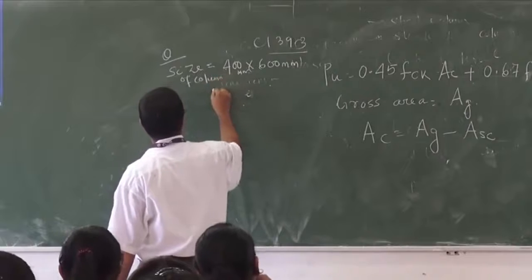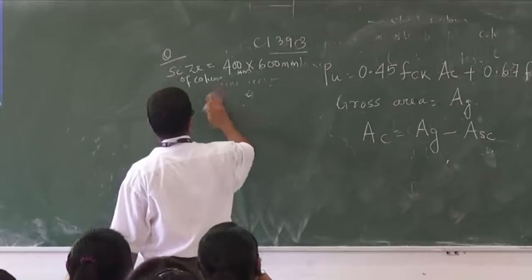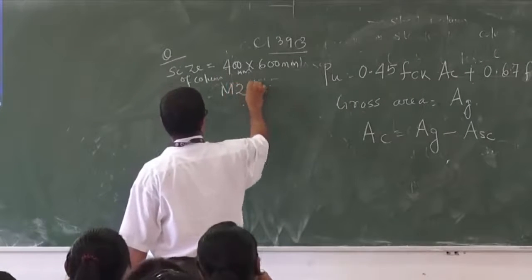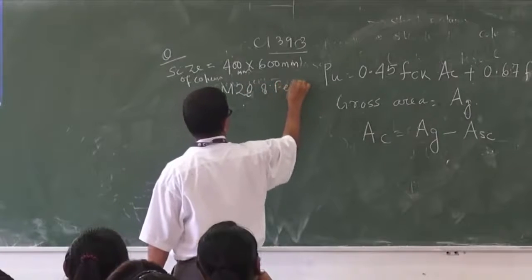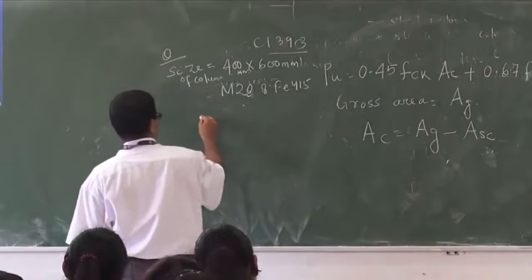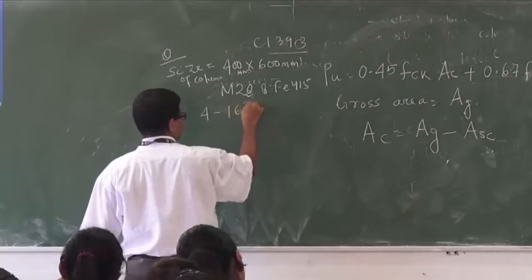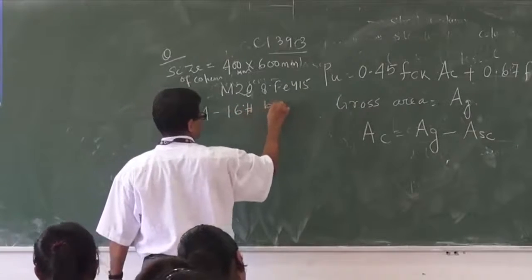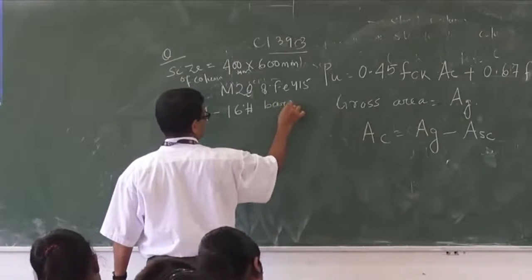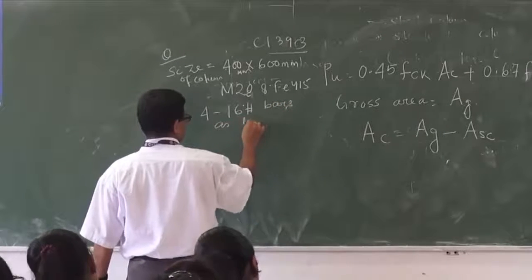Then it is given fck of M20 and Fe415, and number of bars, 4 numbers of 16 mm bars, as longitudinal reinforcement.